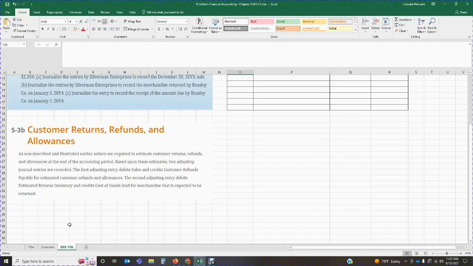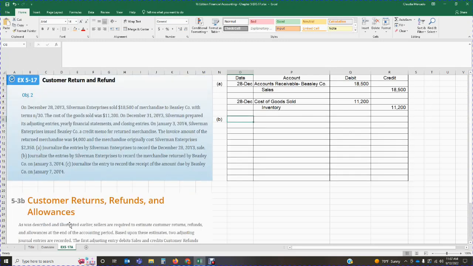The second adjusting entry debits estimated returns inventory and credits cost of goods sold for the merchandise that is expected to be returned. These entries are done at the end of the accounting period. That way, if a return or refund comes in, we already have money set aside for it.